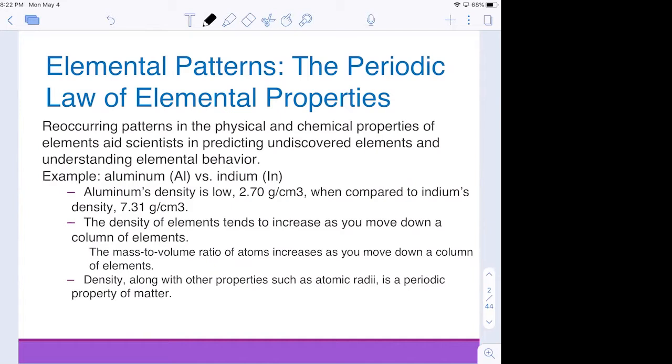And what we see is that the density of elements tends to increase as you move down a column. And that's primarily due to the mass to volume ratio of the atoms increasing.